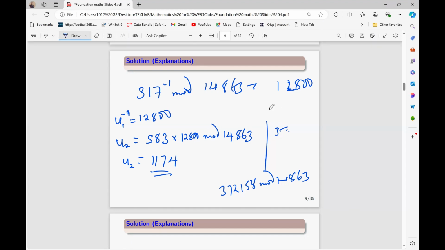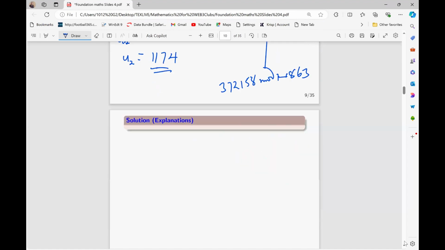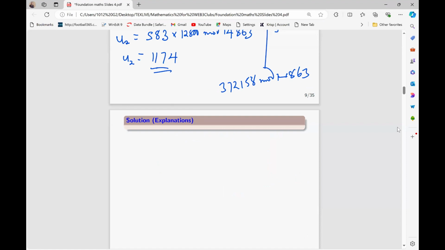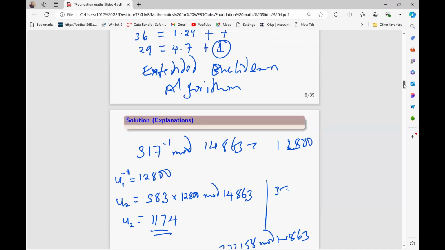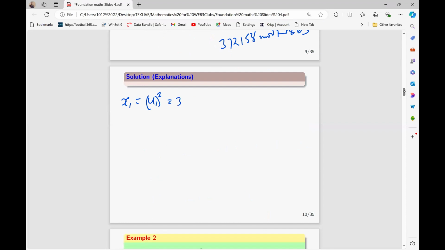To conceal that information, once you get U1 and U2, square U1 and square U2. So you get X1. X1 is the square of U1. And what is U1? U1 is 317 mod 14,863.